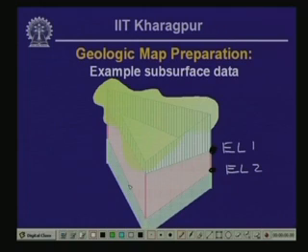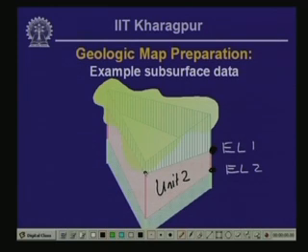How do we use this information? We can try to plot a contour through the surface of different geologic units from this information. For example, from the elevations at the top of unit 2, if you recall, this one here is unit 2.